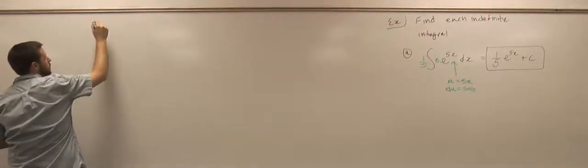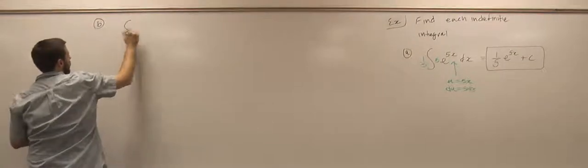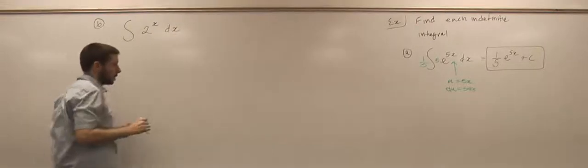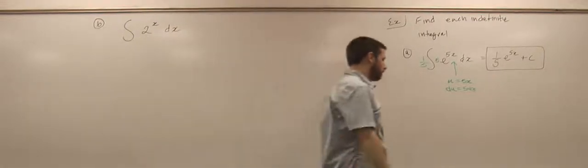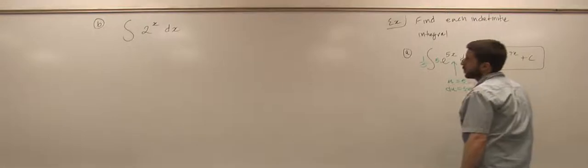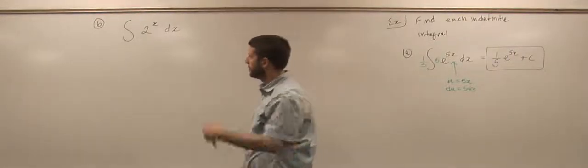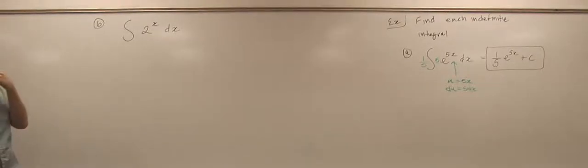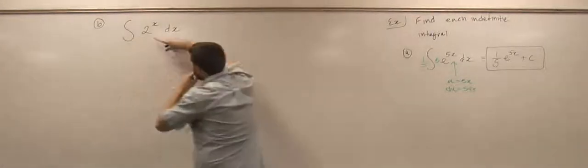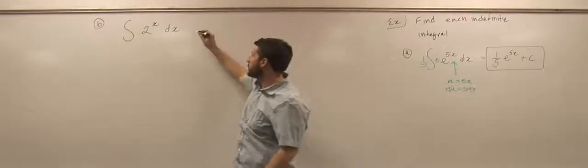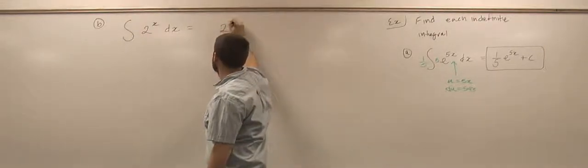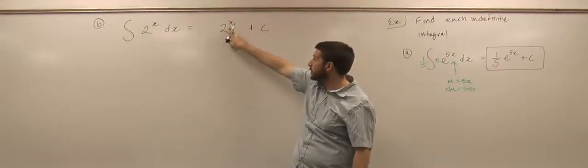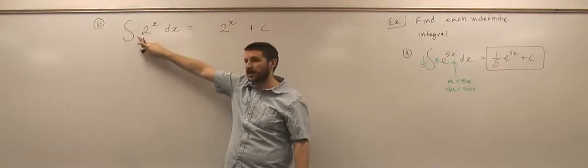What about the integral of 2 to the x? The integral of 2 to the x is almost 2 to the x again. Almost, but remember when you do the derivative of 2 to the x, you get an extra ln 2 factor.